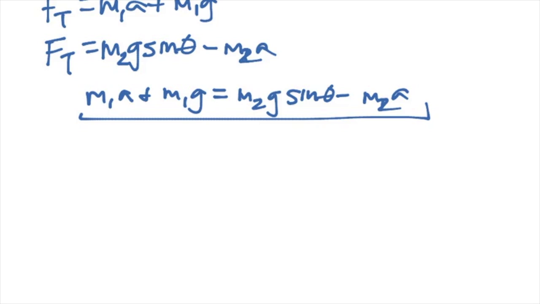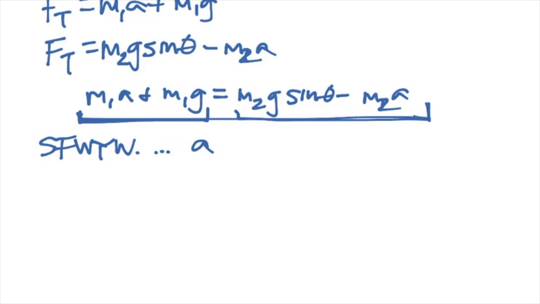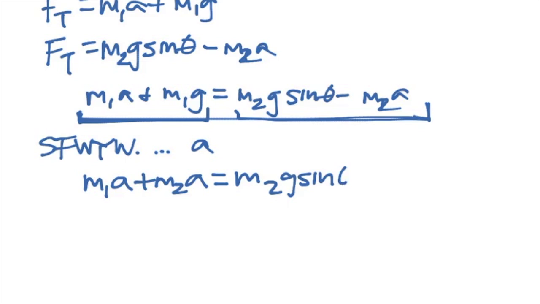Ft from the analysis of mass 1, Ft from the analysis of mass 2. They're equal to each other, and now I can solve for what I want, acceleration of the system. So I'll gather my terms, m1a plus m2a equals m2g sine theta minus m1g.